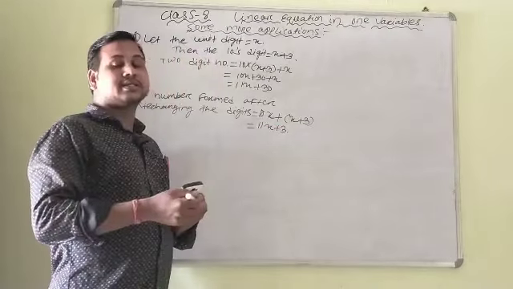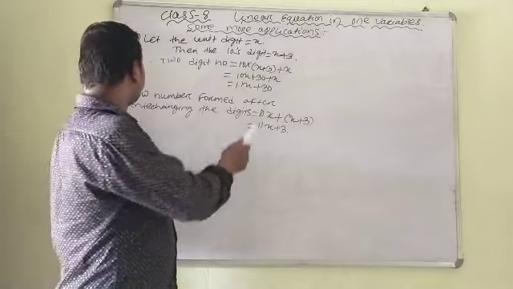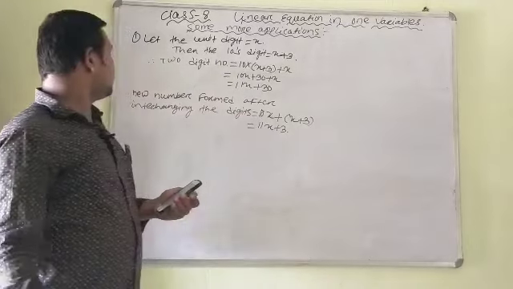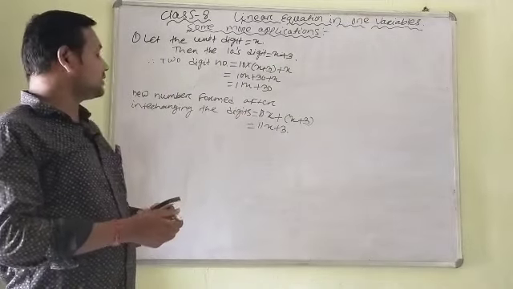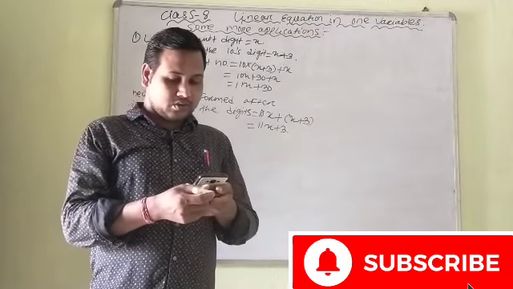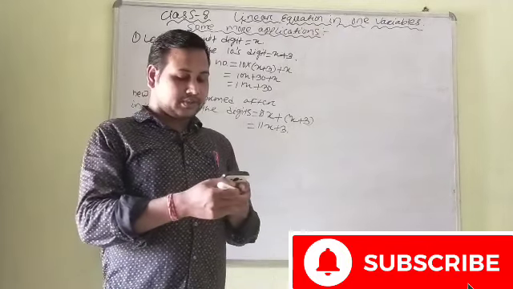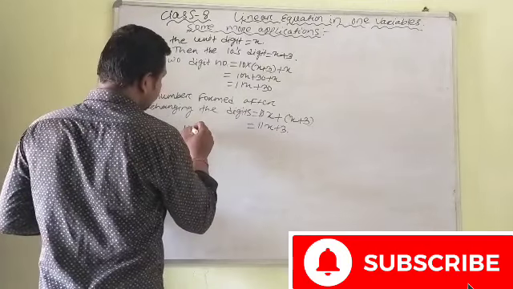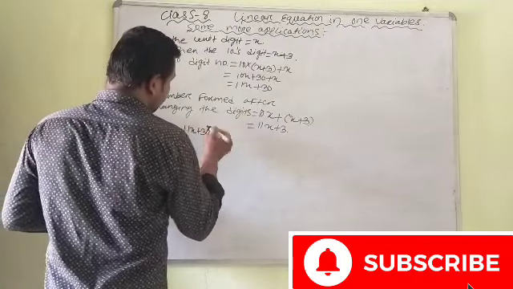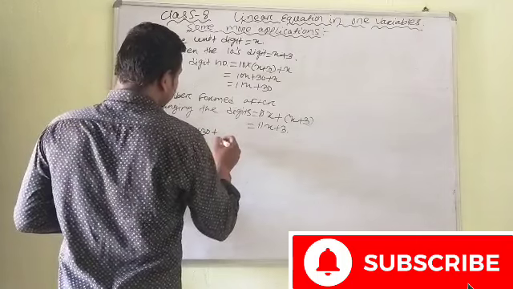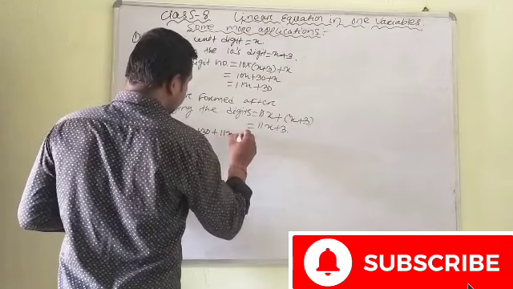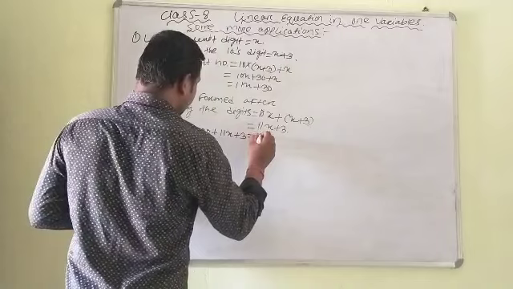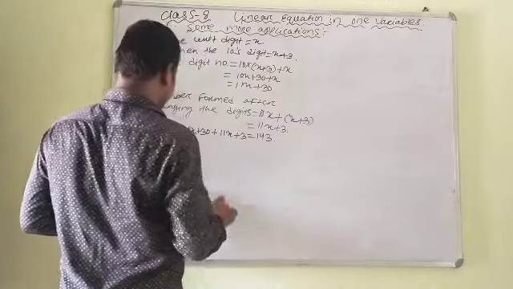And the student is given the original number added with the new number after interchanging the digit is equal to 143. So we will write down the original number is 11x plus 30, which is added with the new number, that is 11x plus 3 is equal to 143.